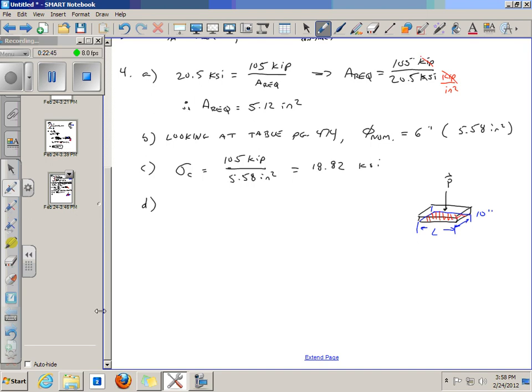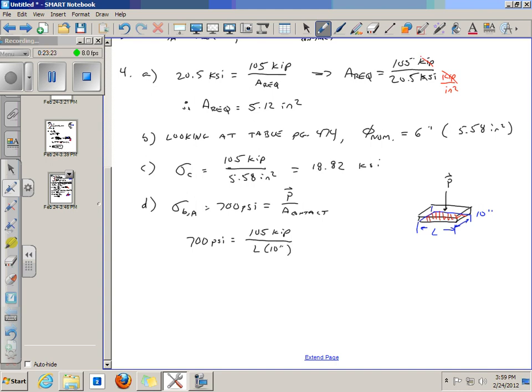So we're talking about bearing stress, and our bearing stress allowable is 700 psi, and we know that bearing stress is equal to the force you've got, axial force, over the area of contact. So our area is just length times the 10 inches. So 700 psi, pounds per square inch, is equal to 105 kips over the length times 10 inches.